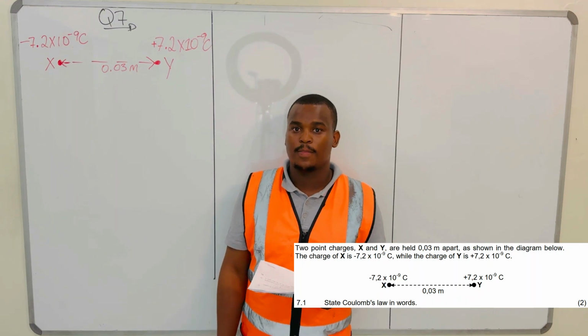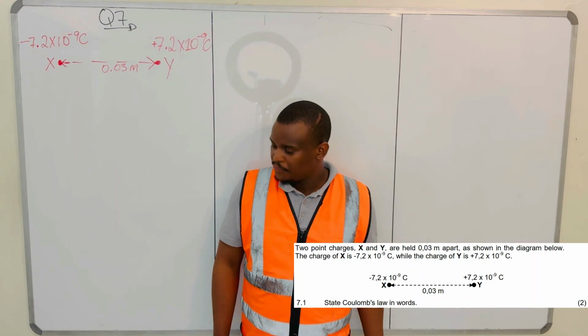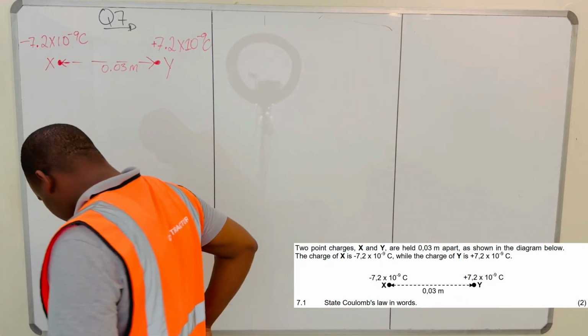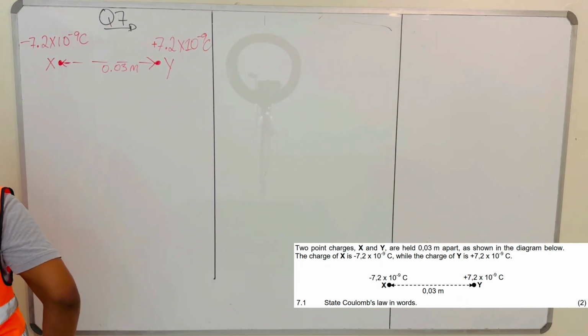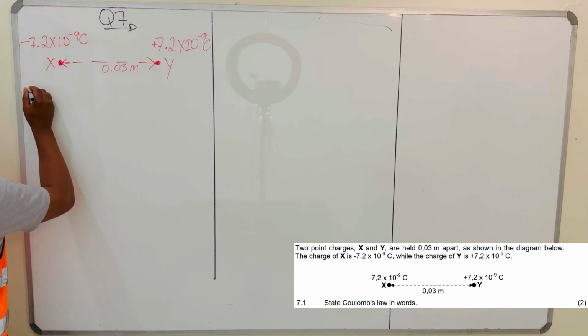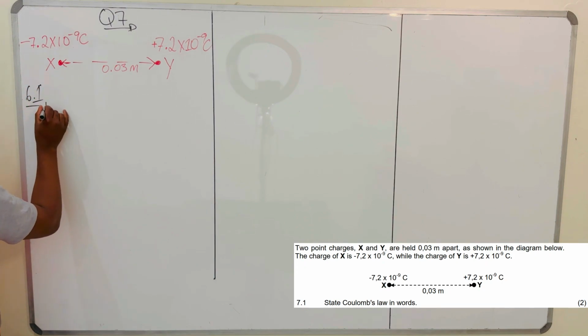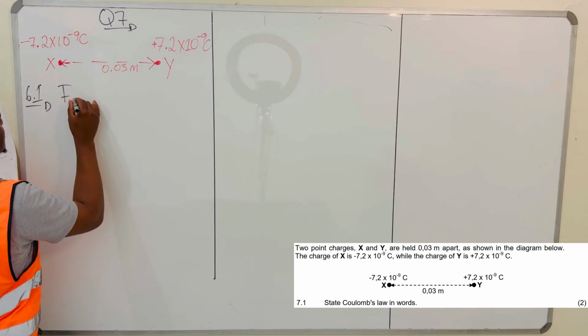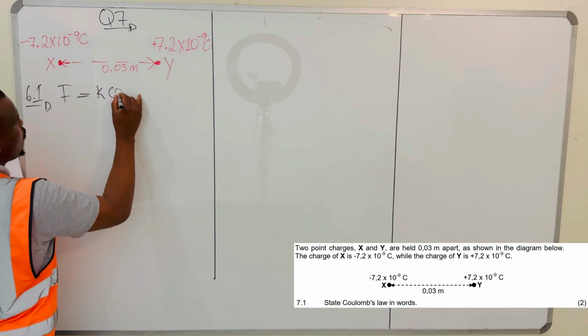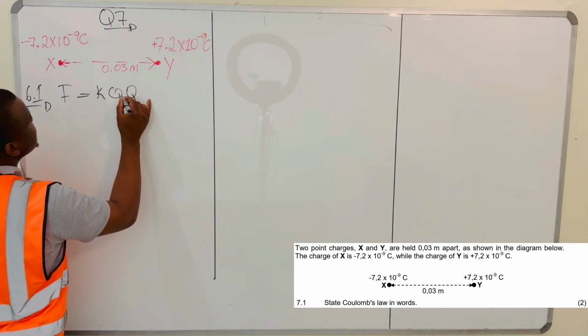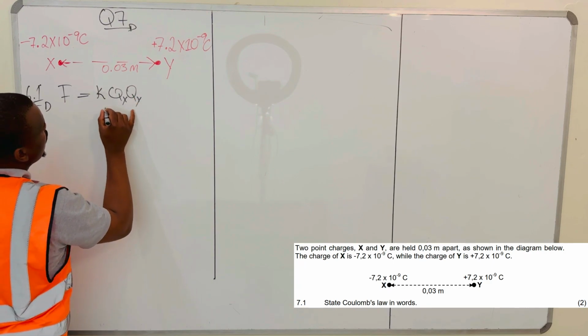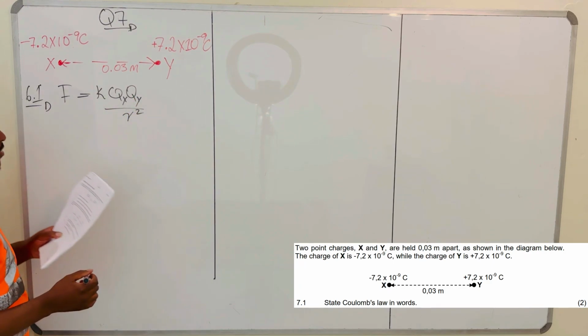What is Coulomb's law? They want you to state Coulomb's law, 7.1. By formula, Coulomb's law is K, Q1, in this case Qx, Qy, all over the square of the distance between them.